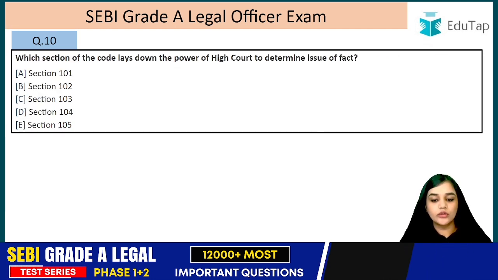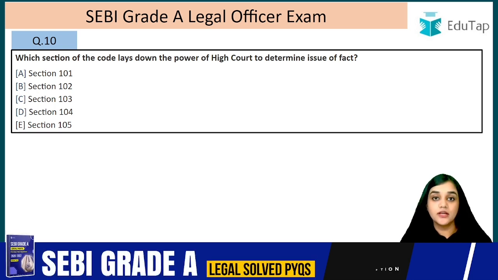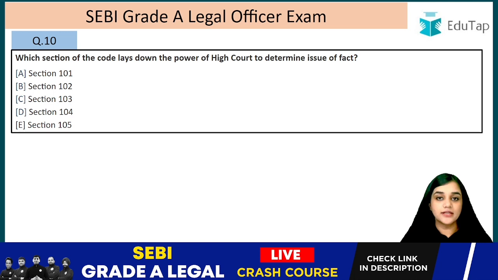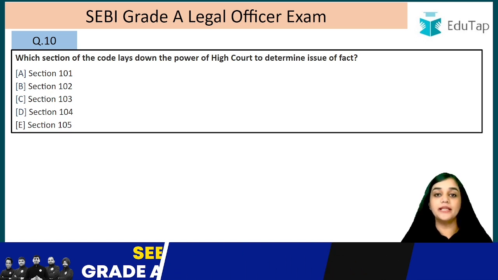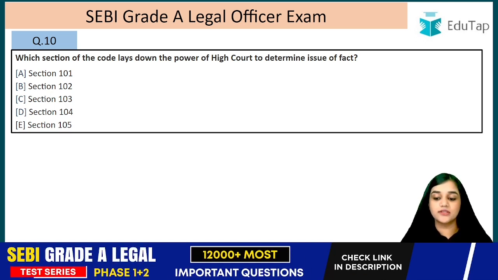Which section of the code lays down the power of the High Court to determine an issue of fact? So now we have come to a section that talks about an issue of fact, it can also be raised before the High Court. Till now we have only been discussing the question of law, but there is a provision that talks about the High Court also hearing your appeal in case it is a matter of fact and when it is going to be. It is given in section 103, that is option C.